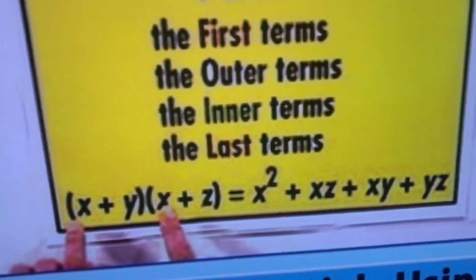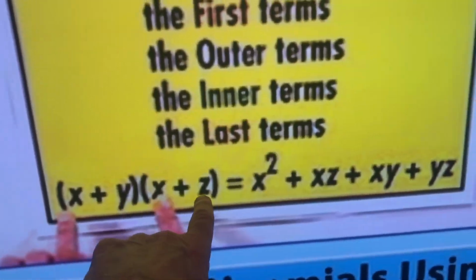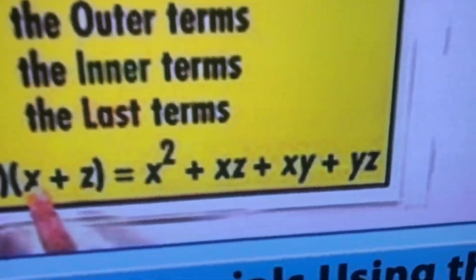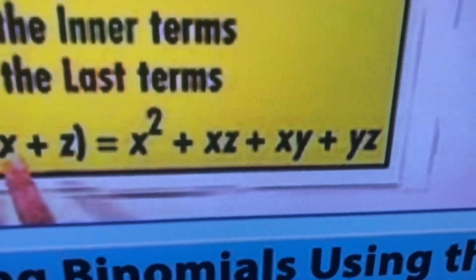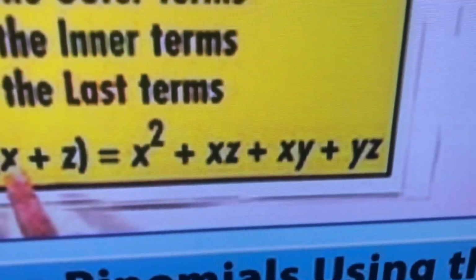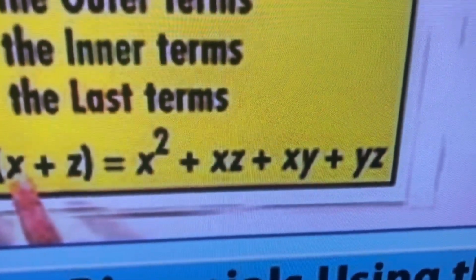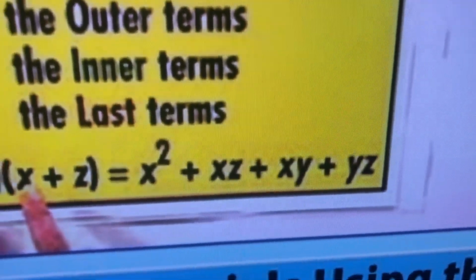We just put them alphabetically. And the last term, y and z, we put that together to get yz. So now we look across at the new polynomial that we have, and we see, is there anything in like terms? And there's not. So that expression would stand as is: x squared plus xz plus xy plus yz.